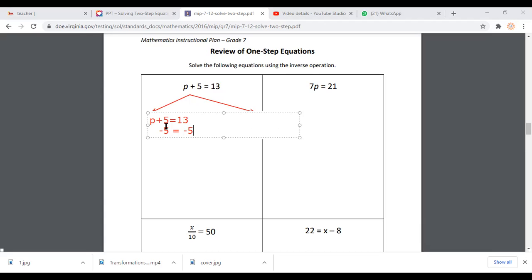Then 5 minus 5 will be 0. Then b equals 8.